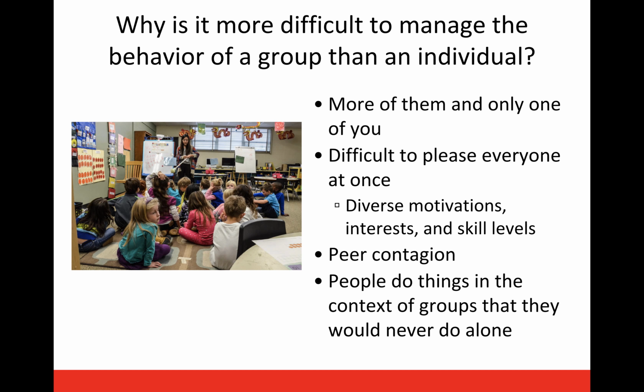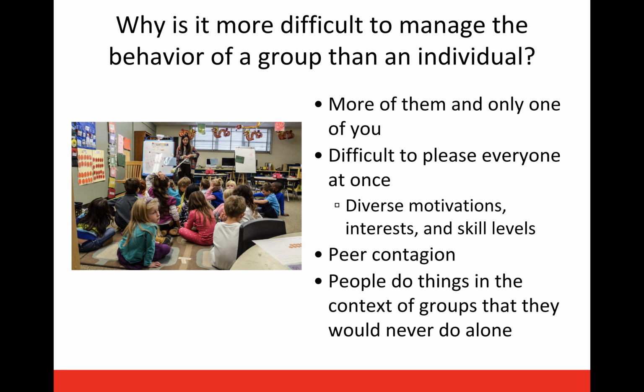So when students come together and peers engage in behaviors together, they feel more powerful in groups, right? So then there's that peer influence and peer contagion, and you have to manage that.